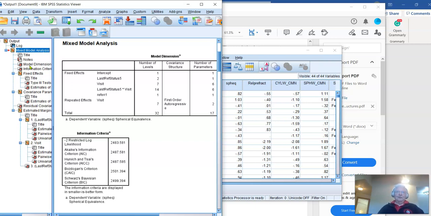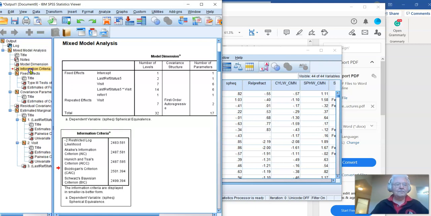We have multiple entries for each visit, and it doesn't like that. We don't have that problem. We've got one refractive status and one observation for each visit for each subject.